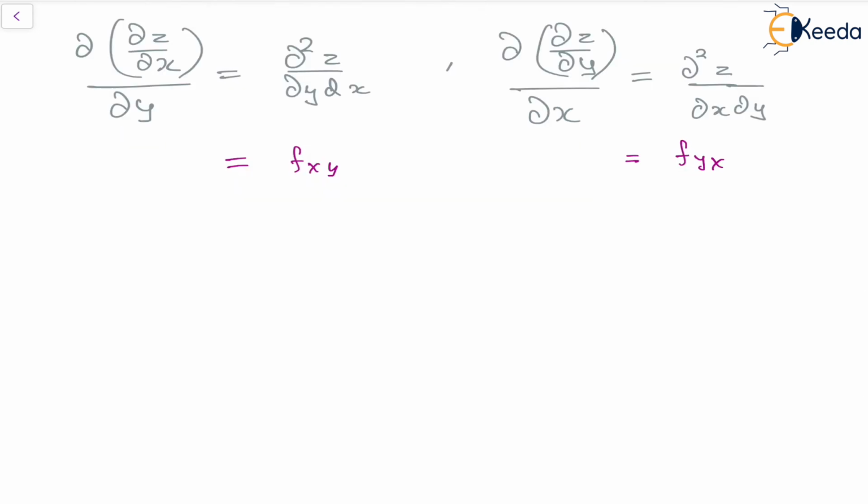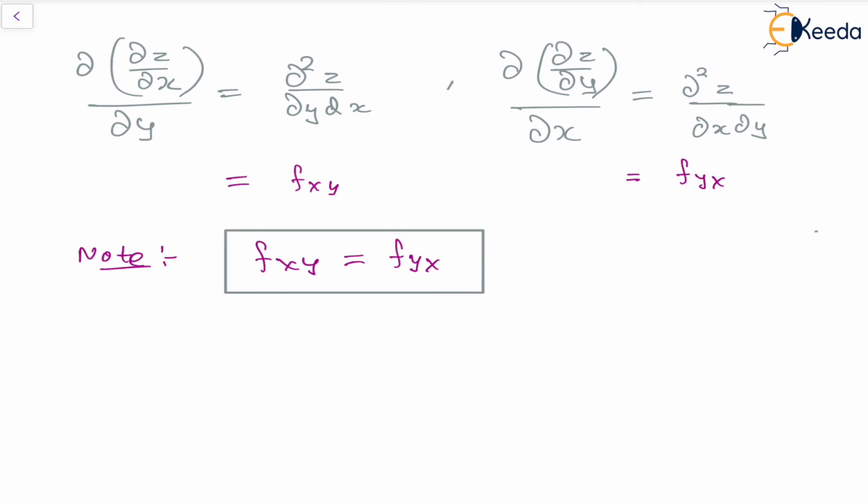It can also be verified that fxy will be equal to fyx if the double differentiation of the function is possible. So this is how we find the partial derivative of a function.